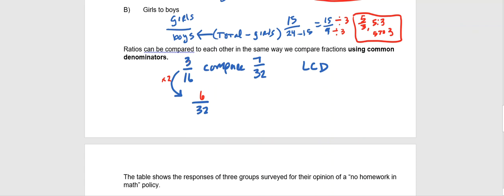So if I'm comparing 3 to 16 to 7 to 32, it's really like comparing 6 to 32 to 7 to 32. And then we can make the decision of which one is the bigger ratio because we're comparing them with common denominators, in this case 32nds.